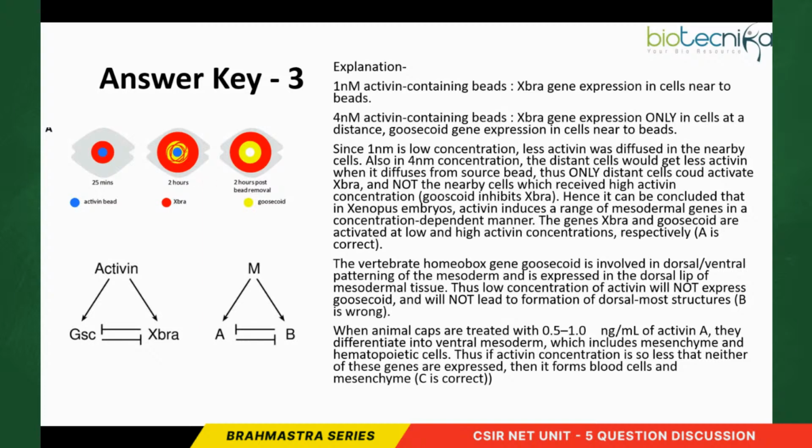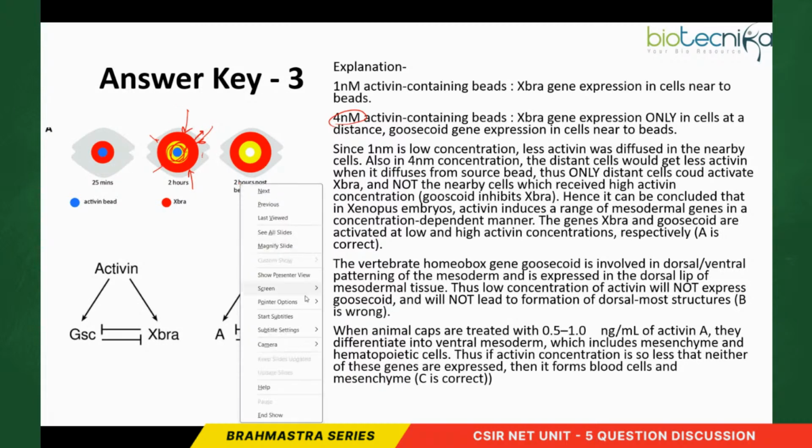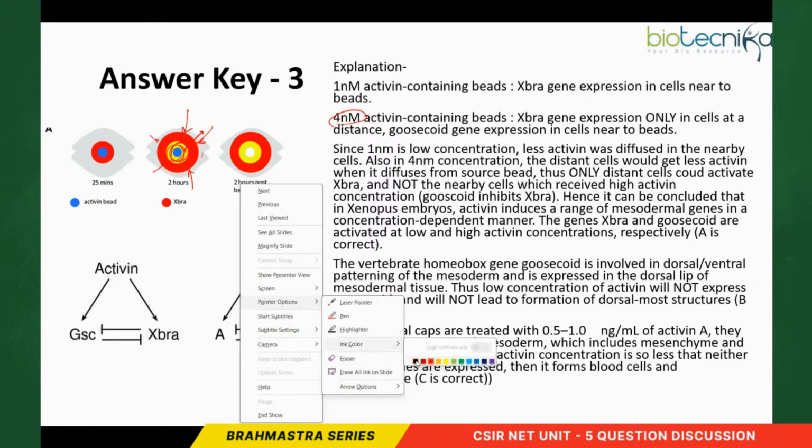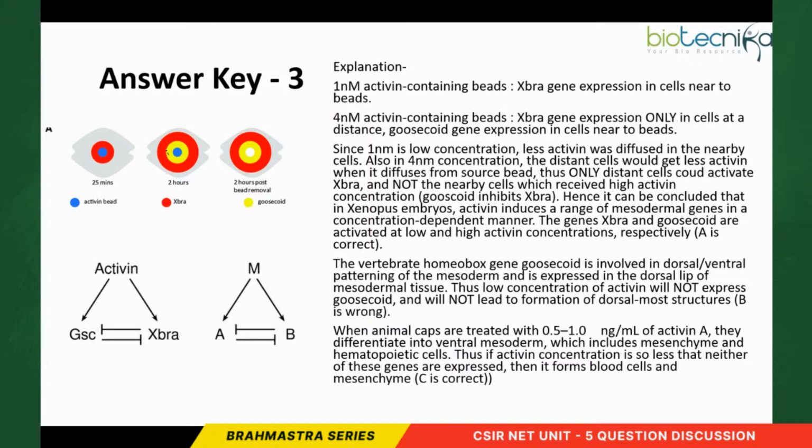Since it is 4 nanomolar, the concentration would be high nearby, and then it diffuses out. As it diffuses out, the concentration will be less. So that is why in this area the concentration would be less.